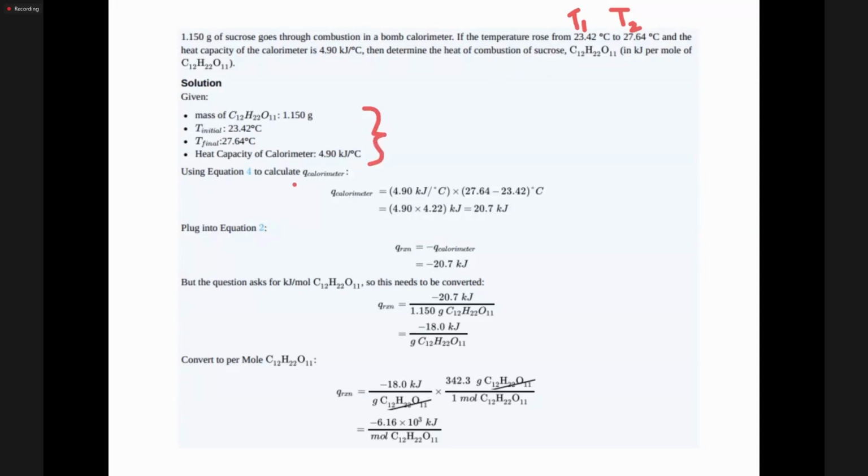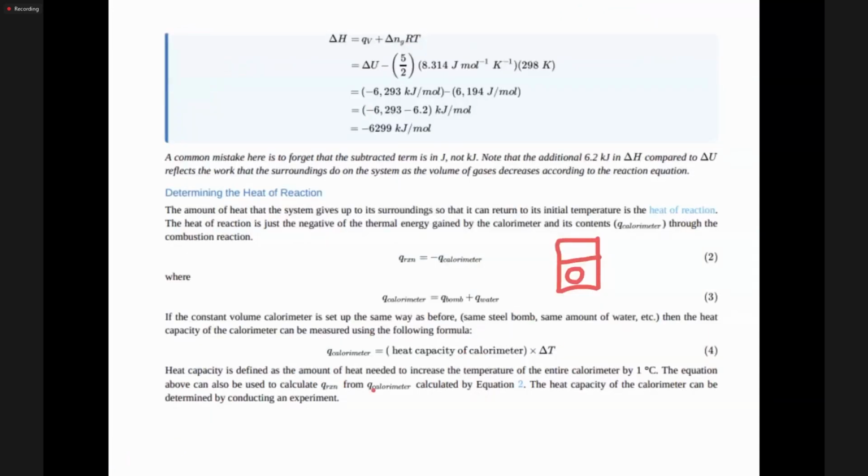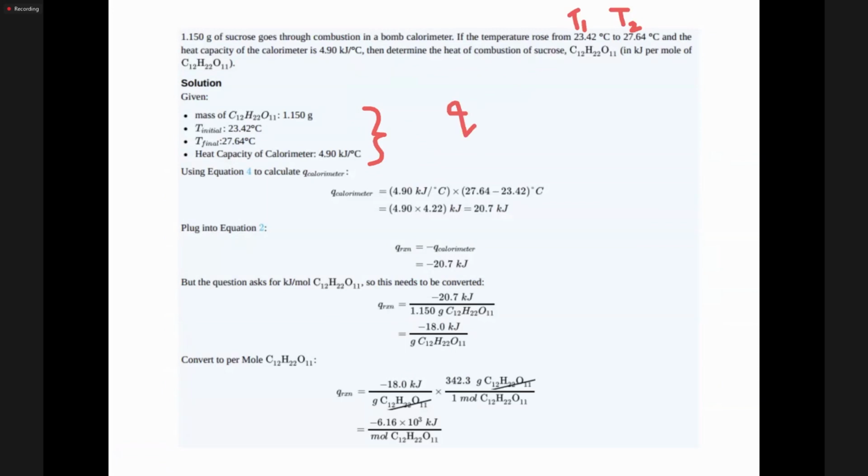Now using equation 4, we can calculate Q calorimeter. In this equation 4, the Q of the calorimeter is heat capacity of the calorimeter multiplied by delta T. So we have Q equal to heat capacity, that is 4.90 kilojoule per degree Celsius, multiplied by delta T. Delta T is 27.64 minus 23.42, which is around 4.22 degrees Celsius.